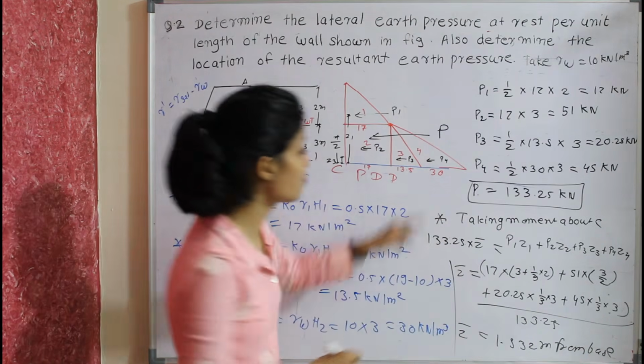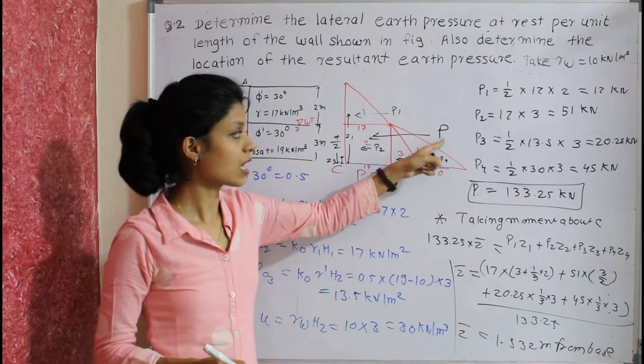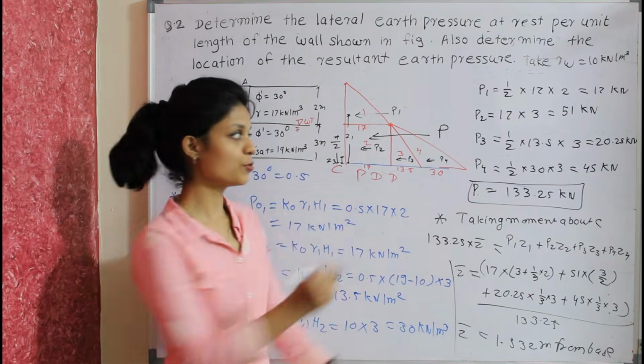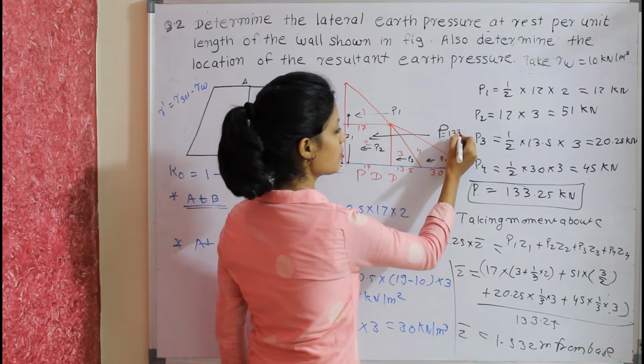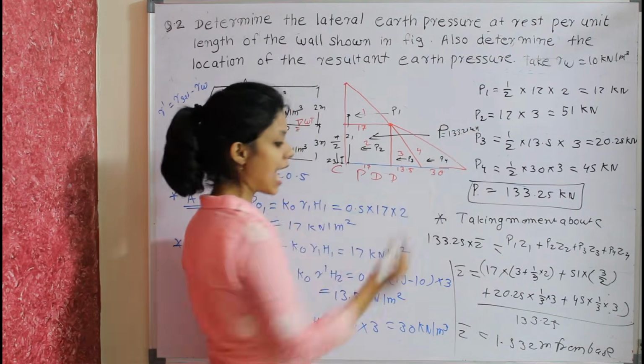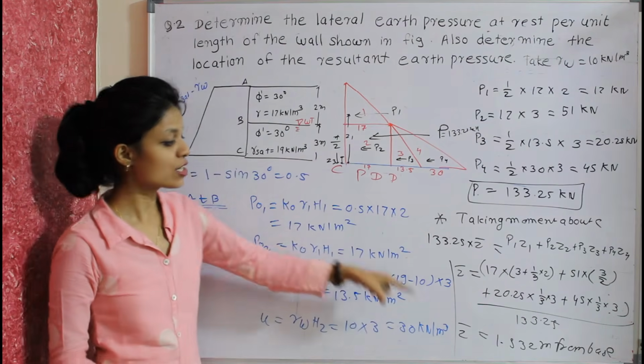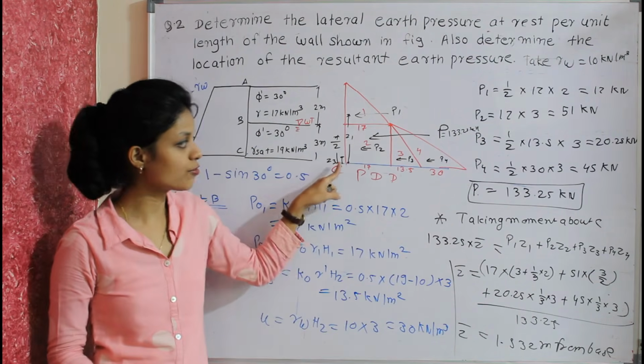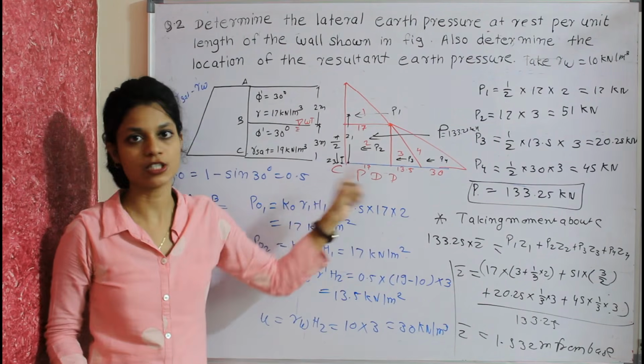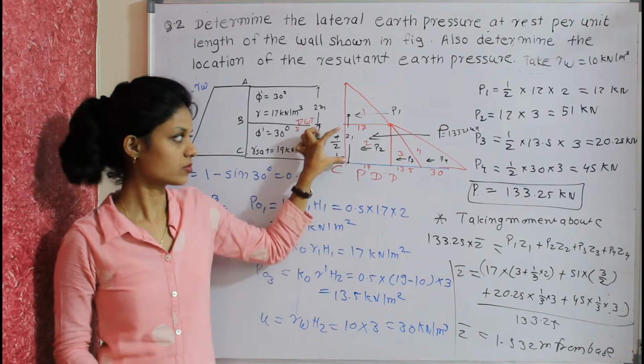That means this pressure P of 133.25 kilonewton acts at a distance 1.532 meters from C.